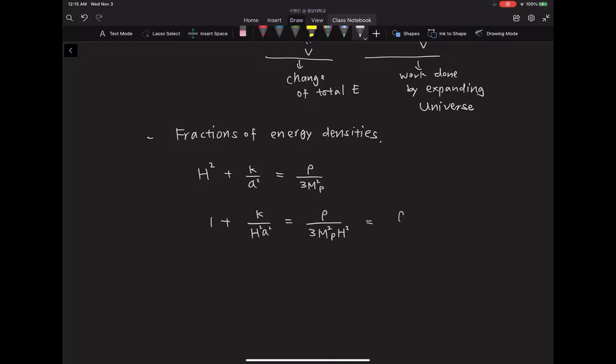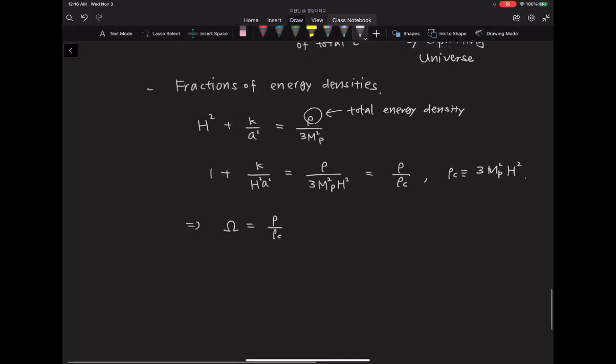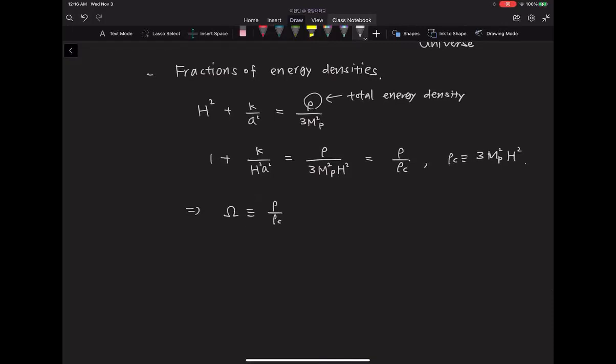We also define the critical energy density, rho c, equal to 3 M Planck squared times the Hubble parameter squared. Then the fraction of the energy density is defined by omega, which is rho divided by rho c, where rho is the total energy density.